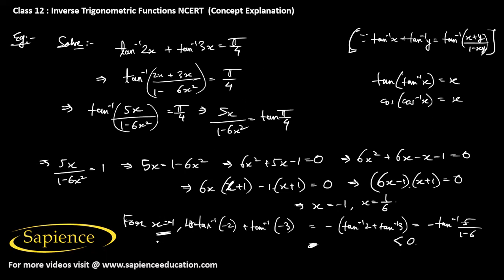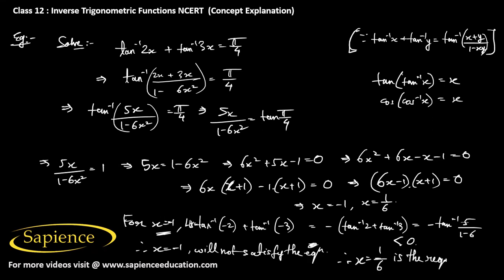Therefore, x equal to minus 1 will not satisfy the equation. So therefore, x equal to 1 by 6 is the required solution of the given inverse trigonometric equation. So this is the final answer.